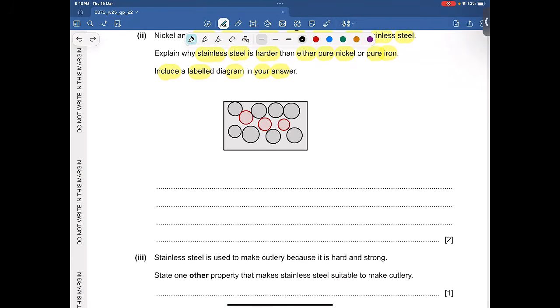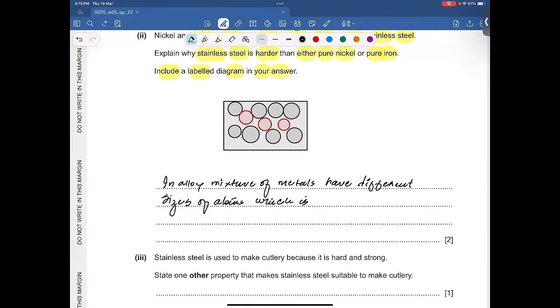Now from this, in an alloy, a mixture of metals have different sizes of atoms, which is why these atoms cannot slide over each other.